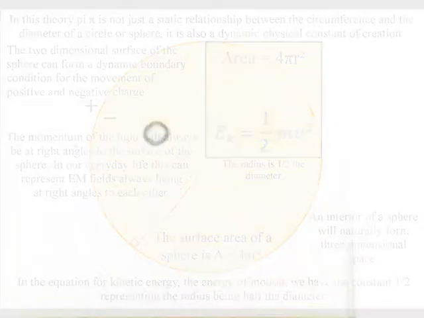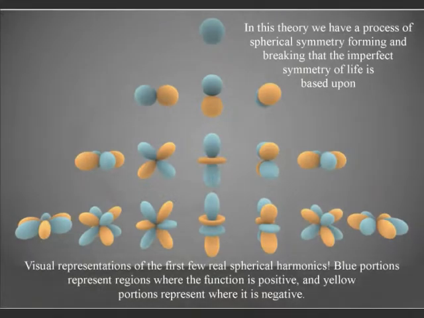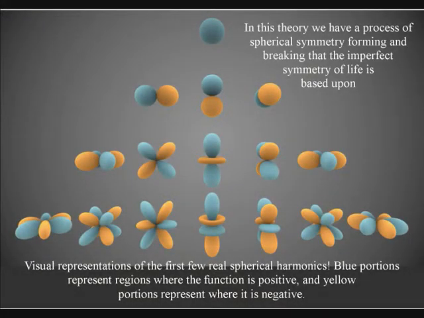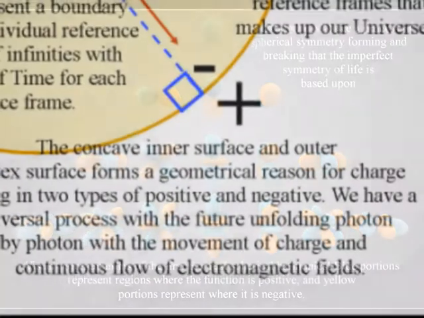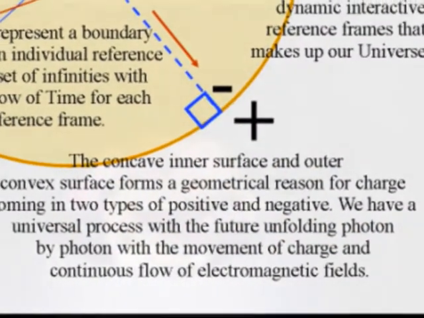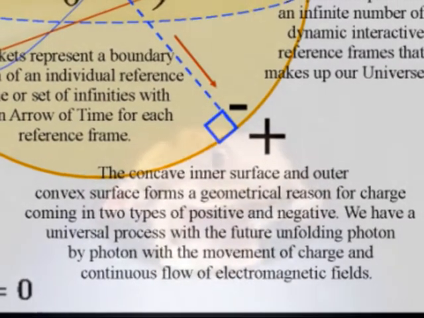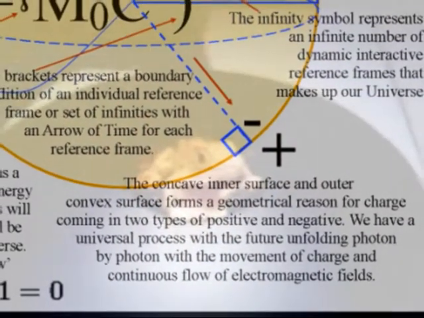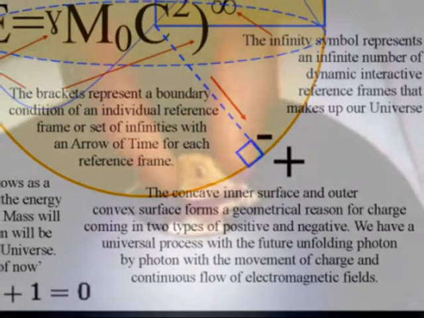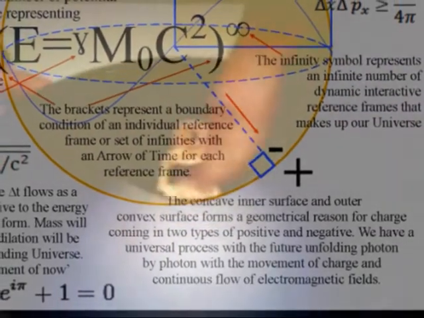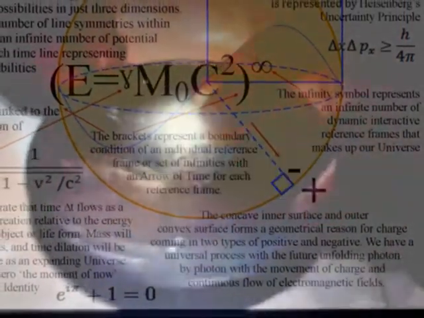As a process of continuous spherical symmetry forming and breaking, this also gives us a geometrical reason for positive and negative charge, with a concaved inner surface for negative charge and a convex outer surface for positive charge. Therefore, we can have the use of the holographic principle, with the information of our three-dimensional universe encoded on a two-dimensional boundary condition by the movement of positive and negative charge.